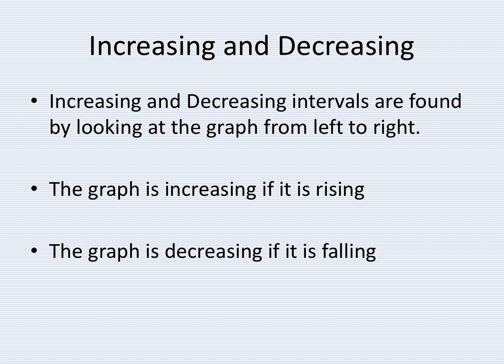The graph is increasing if it is rising. The graph is decreasing if it is falling. The main thing that I want to highlight here is it talks about looking at the graph from left to right. That means that we will only be concerned with the x values.